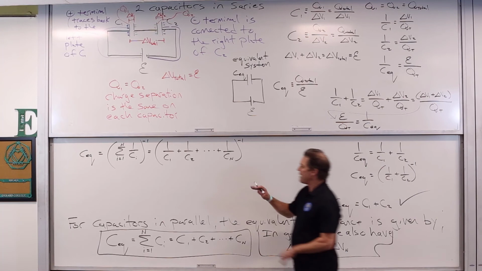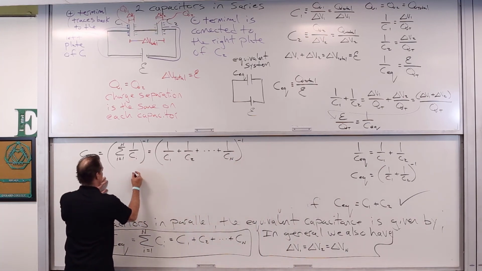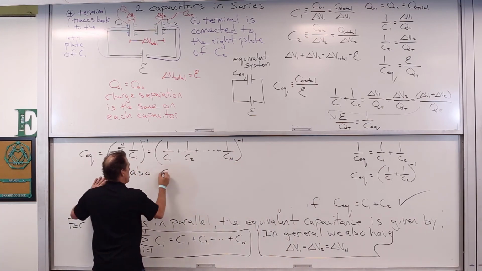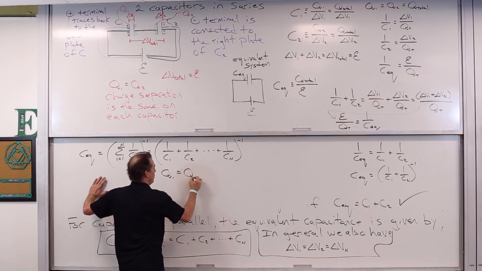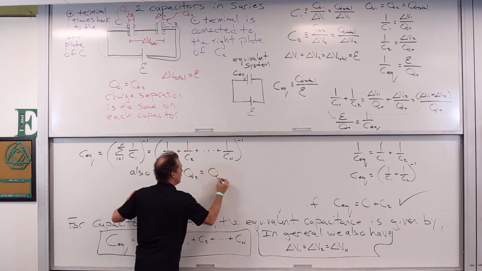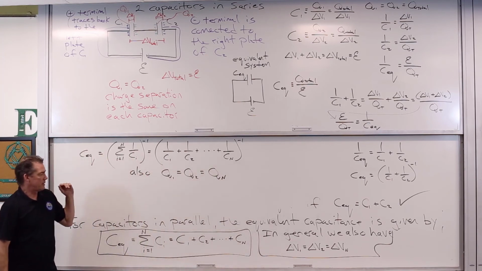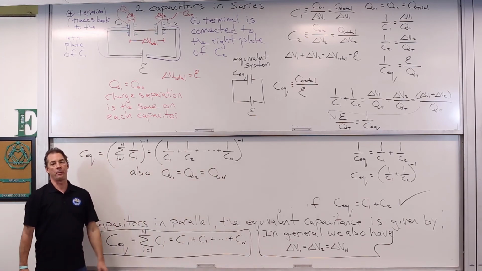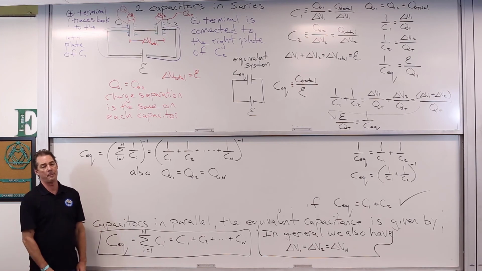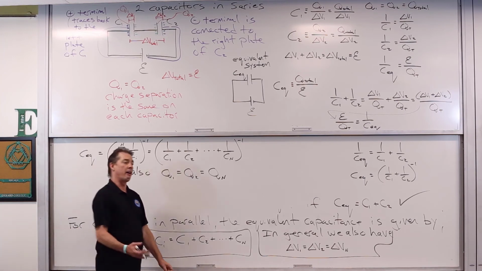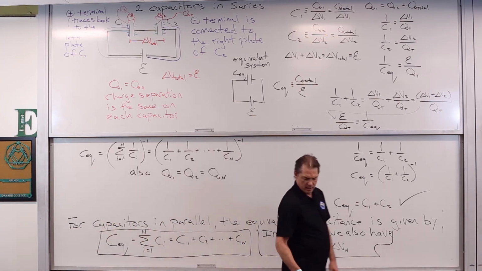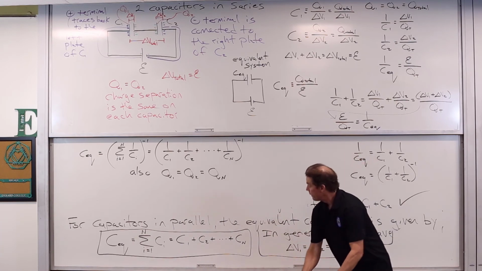The last thing we have with this is also Q1 is equal to Q2 is equal to Q sub N. When they are in series, they have the same charge separations across the individual capacitors. When they're in parallel, they have the same potential differences. And it's pretty much that.